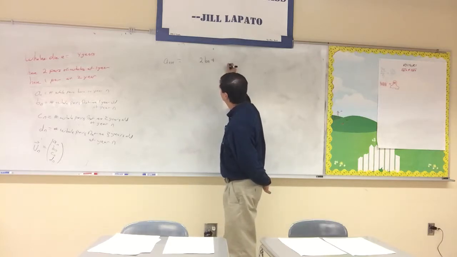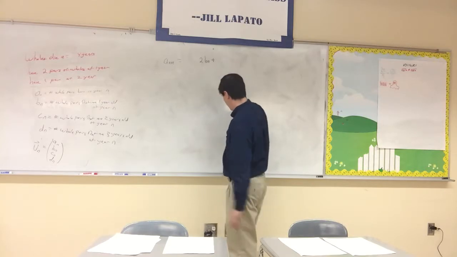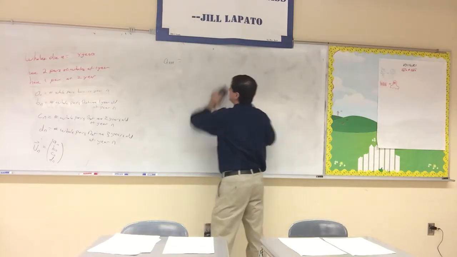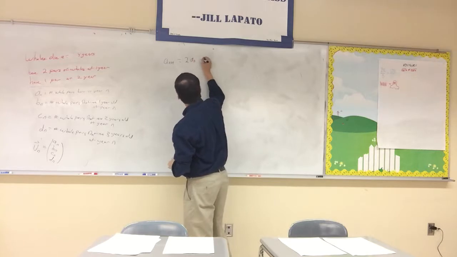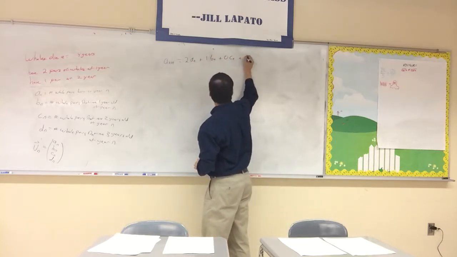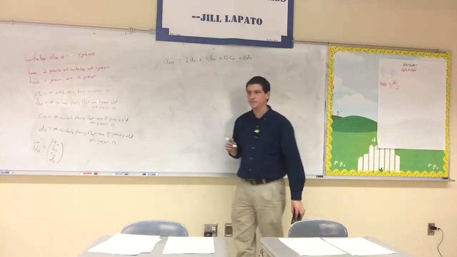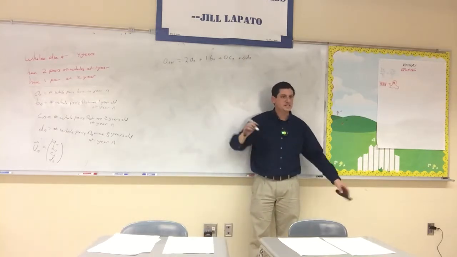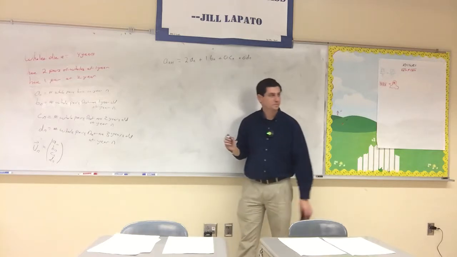And then, well, no, I think it's 2An. It's 2An plus 1Bn plus 0Cn plus 0Dn. I know there's a lot of zeros, but it'll just make it easier to see the matrix.